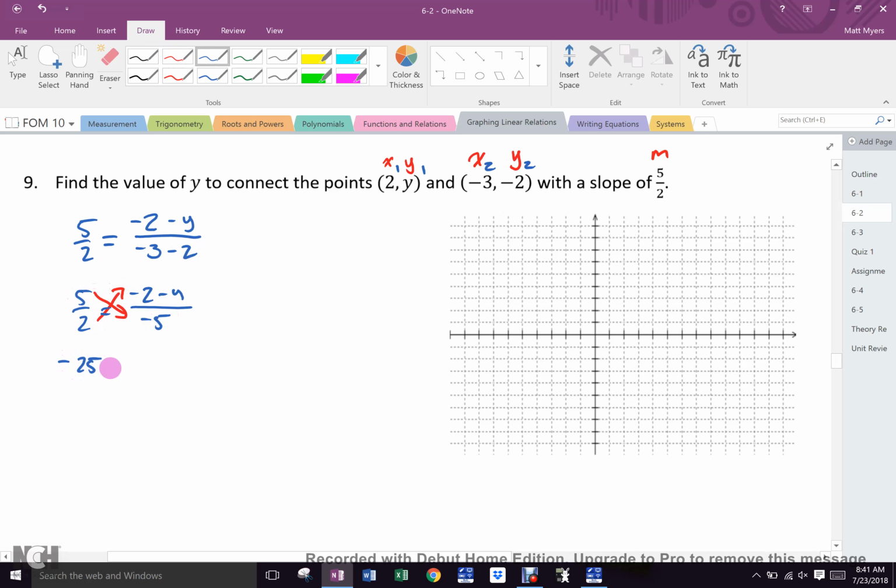Negative 25 equals negative 4 minus 2y. Plus 4, negative 21 equals negative 2y. Y equals 10.5. Right?